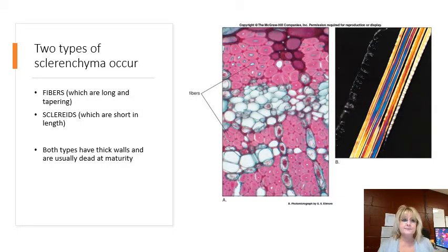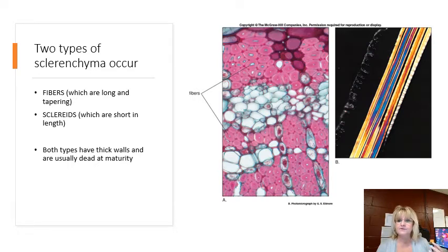There are two types of sclerenchyma that occur. There are fibers, which are long and tapering, and then there are sclerids, which are short in length. And both types have thick walls, and they are usually dead at maturity.